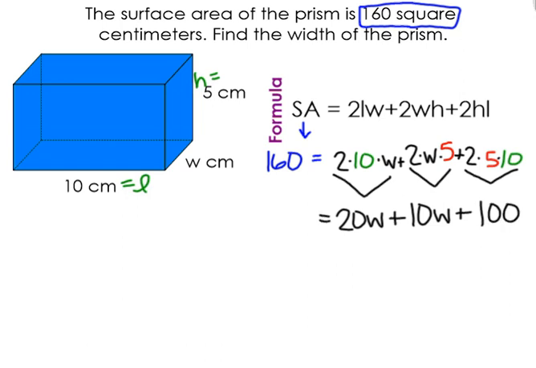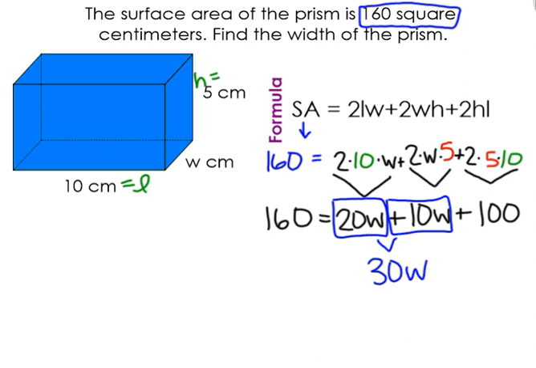Okay, left-hand side still equal to 160. All right, continue combining. So we can add 20W plus 10W to get 30W. Still have plus 100, still have equals 160.